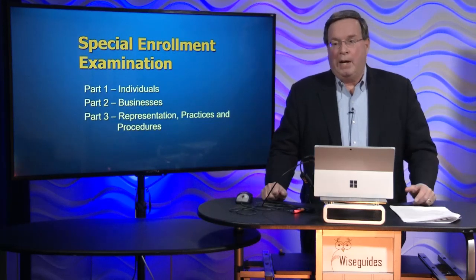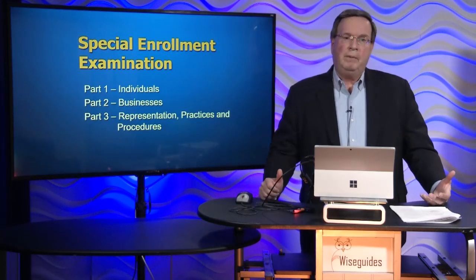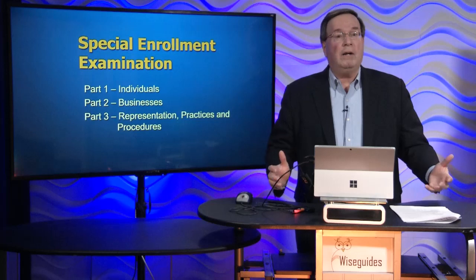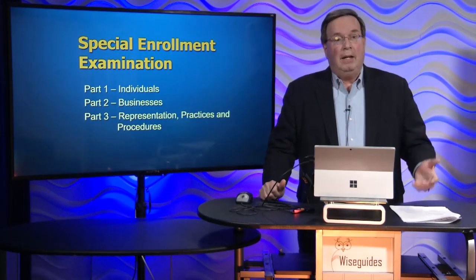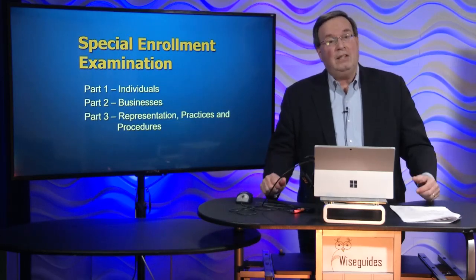In the individuals part, it's usually the area where a lot of people feel more comfortable because they've done a lot of 1040s. They've prepared some Schedule A's and B's and maybe even some Schedule C's in some parts. But you oftentimes have familiarity with this topic, and we oftentimes say this is an area that I would like to start with, simply because of that familiarity. It looks at filing statuses of taxpayers.